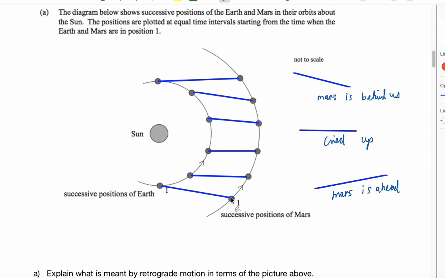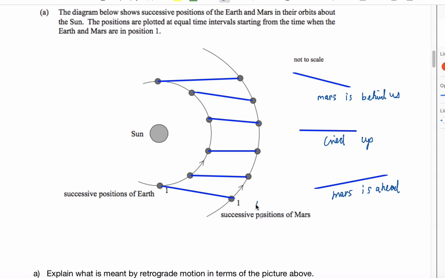And let's talk about what this means in terms of the picture here. So what we see here is Mars looks like it's behind. It seems to move forward a little bit, and then it moves forward a little bit more. And now, because Mars is now behind, because the line's tilted this way, it now looks like Mars is backed up a little bit. It looks like it's backed up further, and then it looks like it's gone forward again. So if we were to actually look at this picture in terms of what Mars seems to be doing, what we'd see is it looks like Mars is going forward like this, going forward like this.